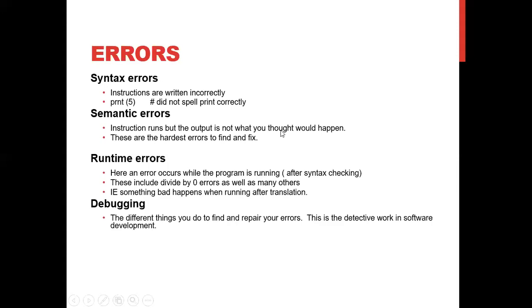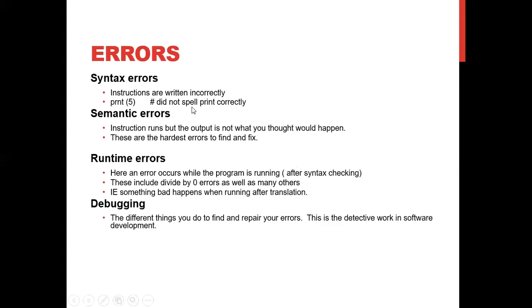Now we will move to the next concept, errors. Errors mean something wrong in the program. There are two types of errors, syntax errors and semantic errors, and we also consider runtime errors. Syntax errors: every programming language has some syntax constraints.